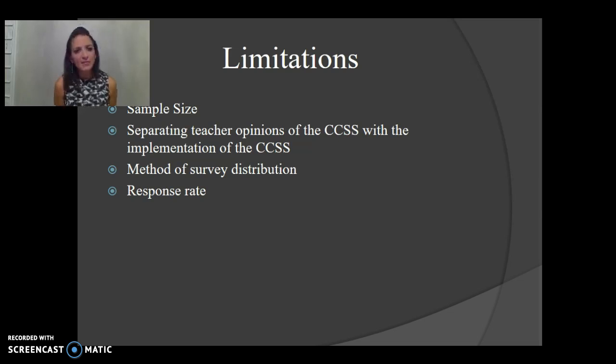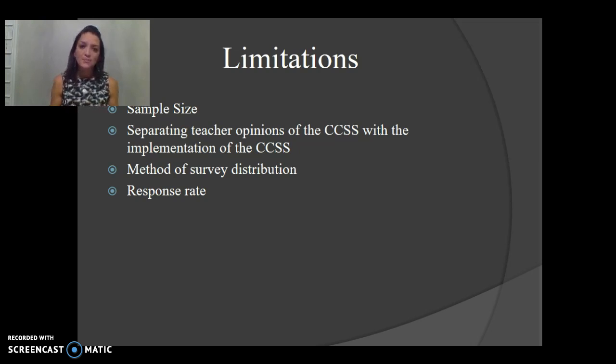Also, as indicated before, it's difficult to separate teacher opinions of the Common Core from their feelings toward the implementation in general or specific factors related to the implementation, such as high-stakes testing or teacher evaluation processes. So providing this survey does not allow for the researcher to really differentiate between those two aspects.